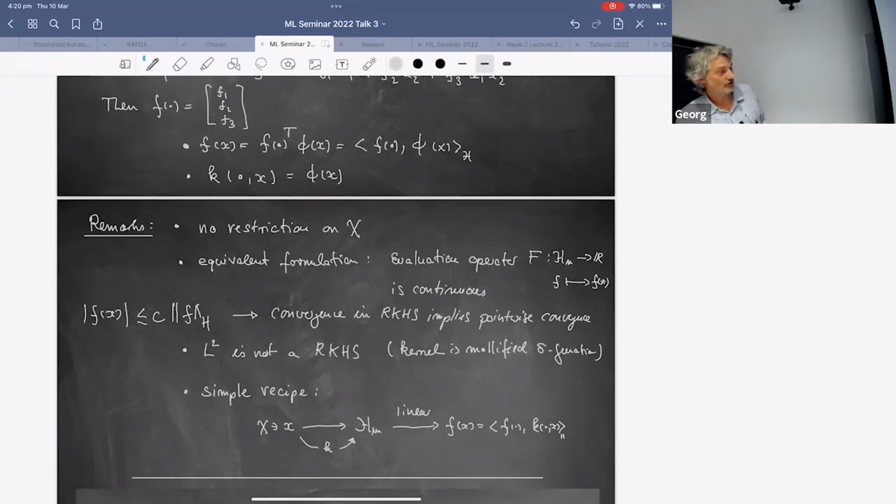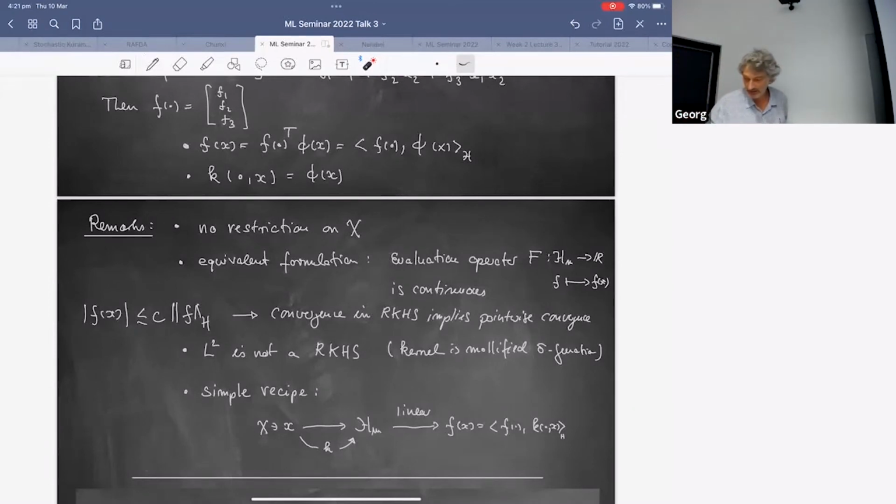That also shows you that L2 is not a reproducing kernel Hilbert space, because there's no way you can control a functional value by the L2 norm. The integral doesn't care about a point, so at each x I can shoot it to infinity, and the integral doesn't see it. From that perspective, it's not a reproducing kernel Hilbert space.